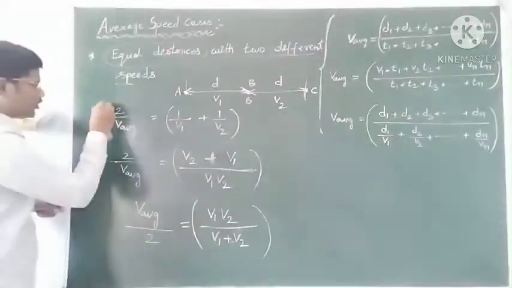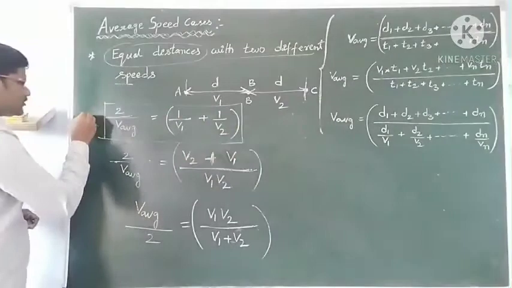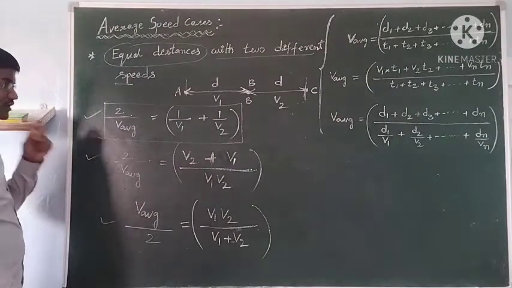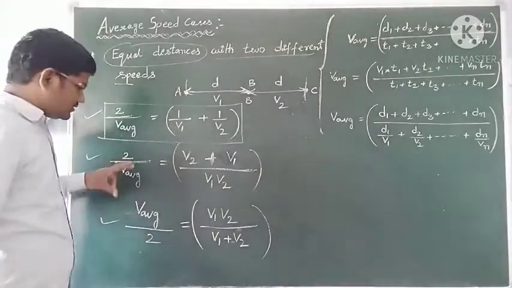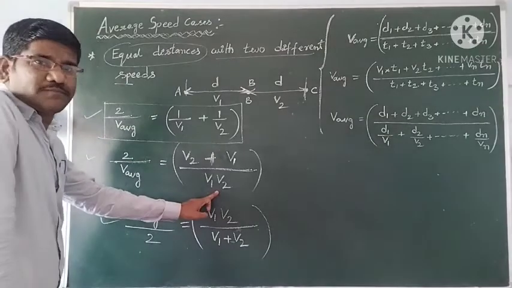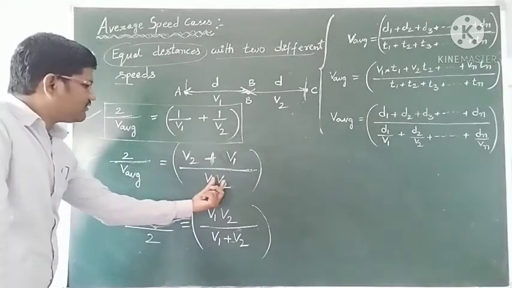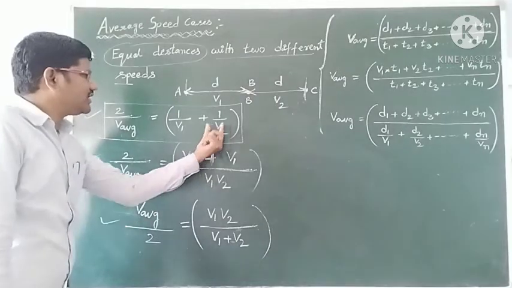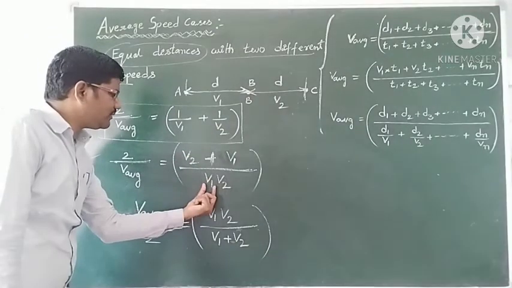So this formula, this formula, and this formula are all the same. I just took the LCM. The LCM for these two is V1 and V2. With V1 it will be cancelled V2 times, so V2 into 1 you got V2, and this V2 will be cancelled by V1 times.